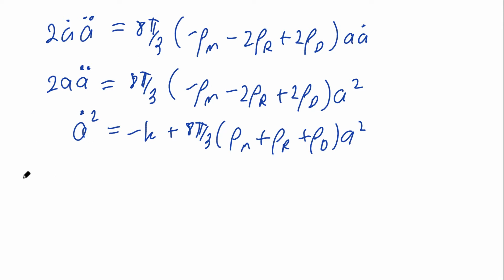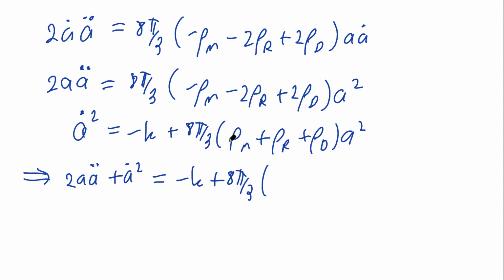So when we add these, we have 2a double dot plus a dot squared on the left-hand side. The right-hand side is minus k plus 8 pi over 3 times, the rho m's cancel. We have a minus rho r and a plus 3 rho d times a squared.